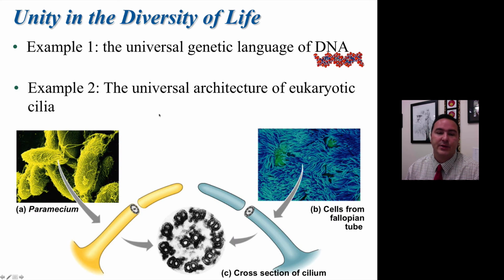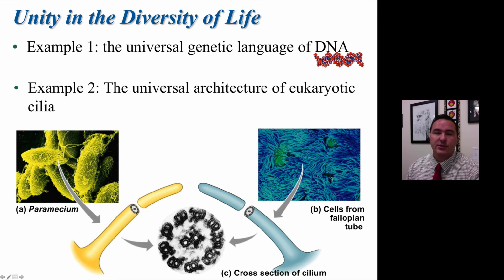Another example of this unity can be seen in the structures that organisms have. For example, here is a paramecium, a single-celled organism. It's a eukaryotic organism. And on the outside of its cell, they have these hair-like structures that are called cilia. Now, you can also find cilia on the inside lining of fallopian tubes in a female human being.